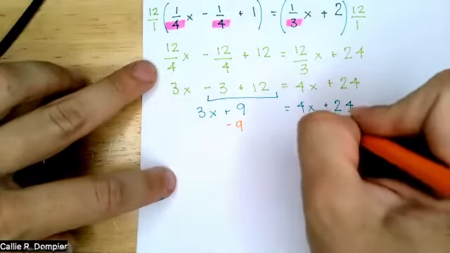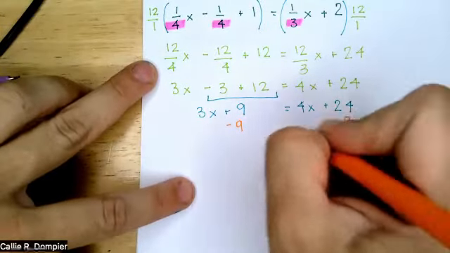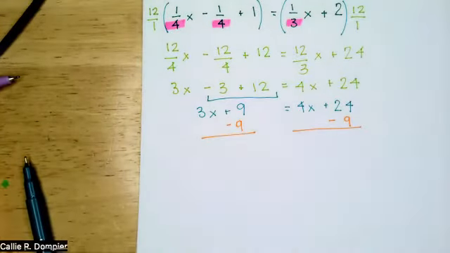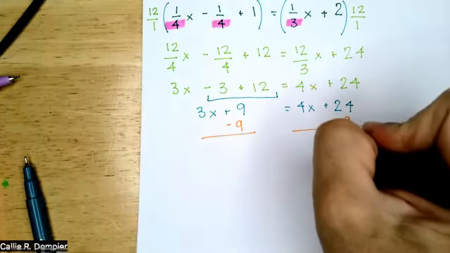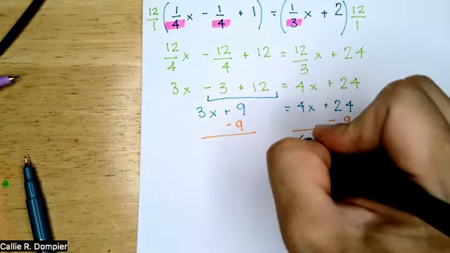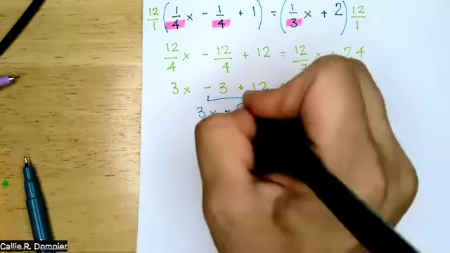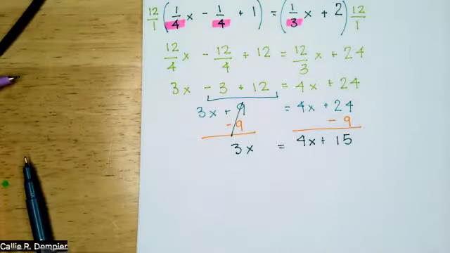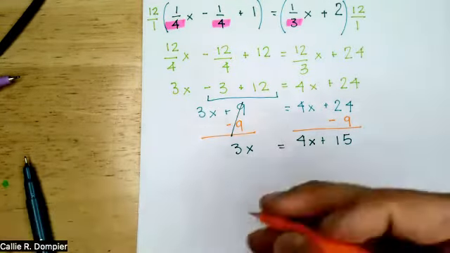Subtract 9, subtract 9. 15. So 3x equals 4x plus 15. Now subtract the 4x.